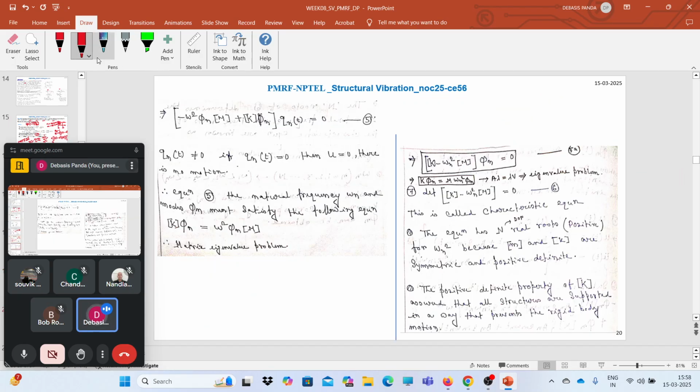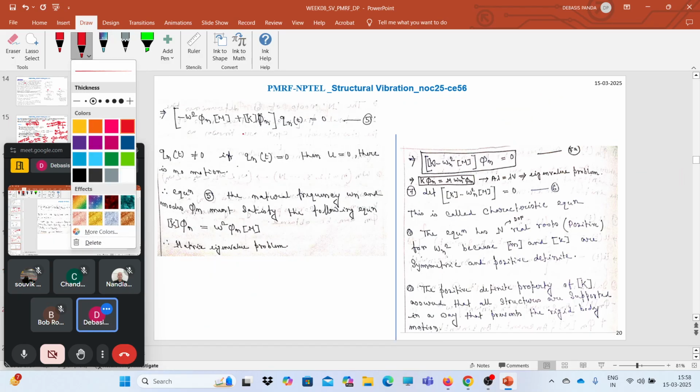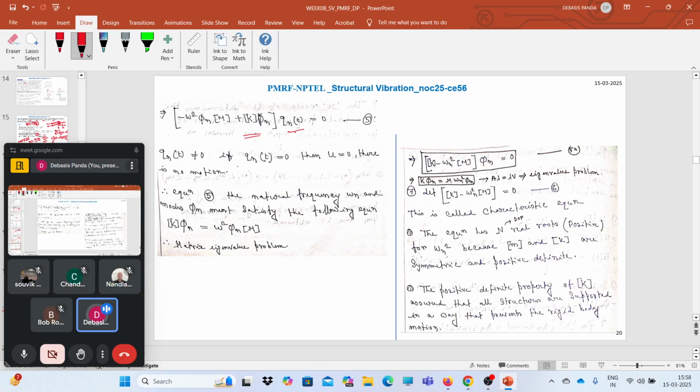Now if we go further, the generalized coordinate cannot be 0, otherwise there will be no motion. So we are left with this part equal to 0. So we have k phi n is equal to omega square m phi n. Again it's the matrix eigenvalue problem. Now how to solve it?